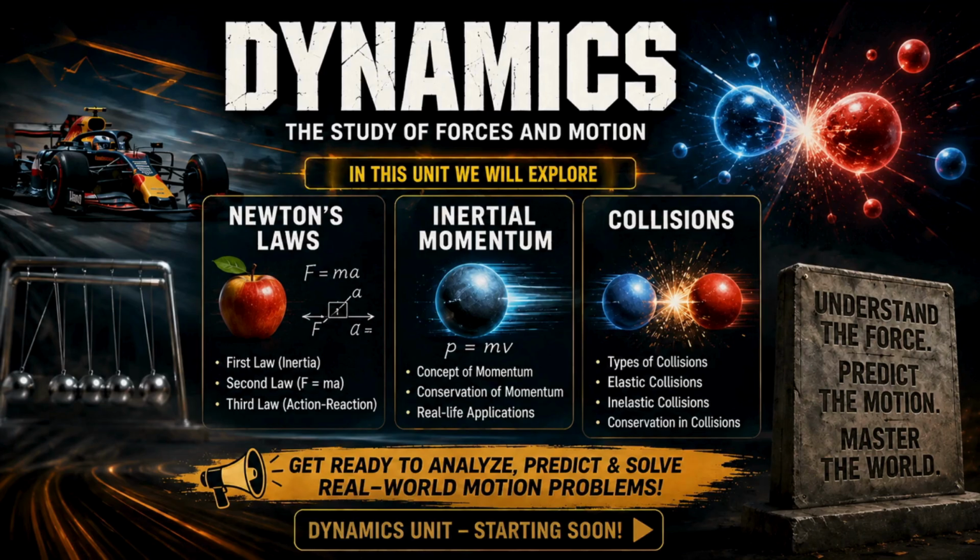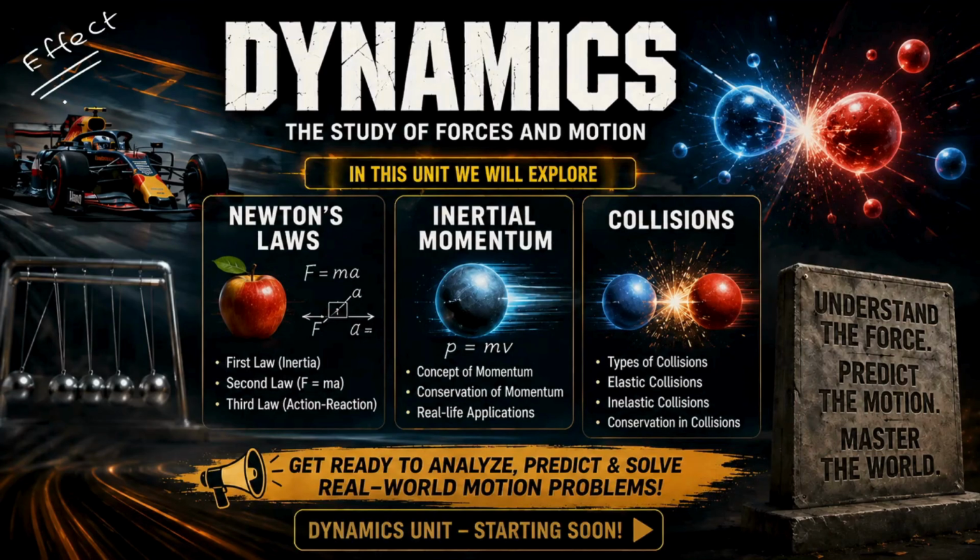In short, if I want to summarize the difference between dynamics and kinematics: in kinematics we are dealing with the effect only. We didn't bother about how it happened or how it originated.